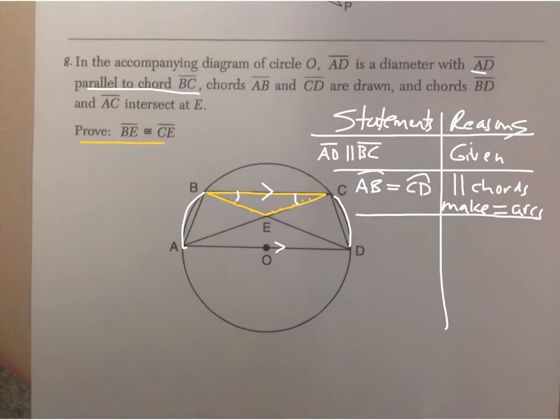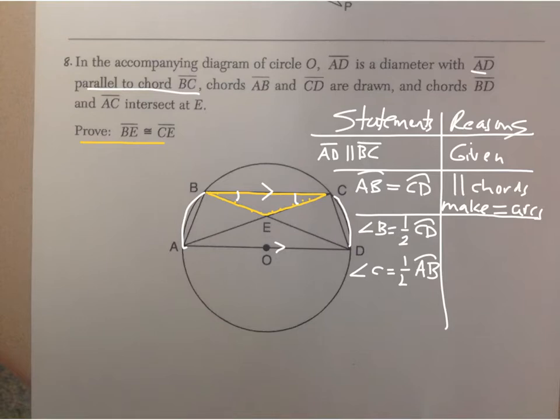And then taking a closer look at those arcs, we know that angle B is equal to half of the measure of arc CD, and also angle C is equal to half the measure of arc AB. And that's due to those inscribed angles, which I'll highlight here.